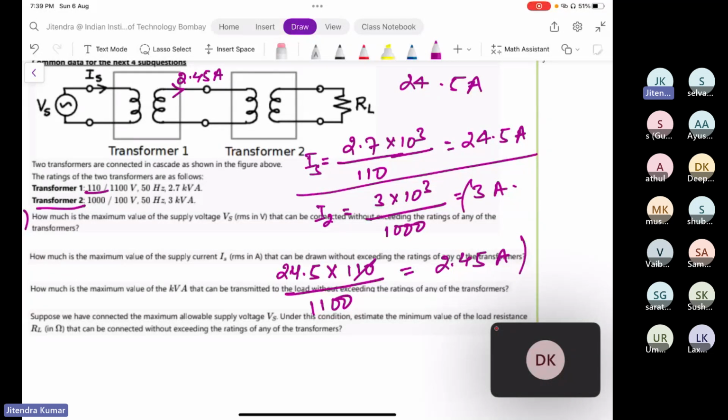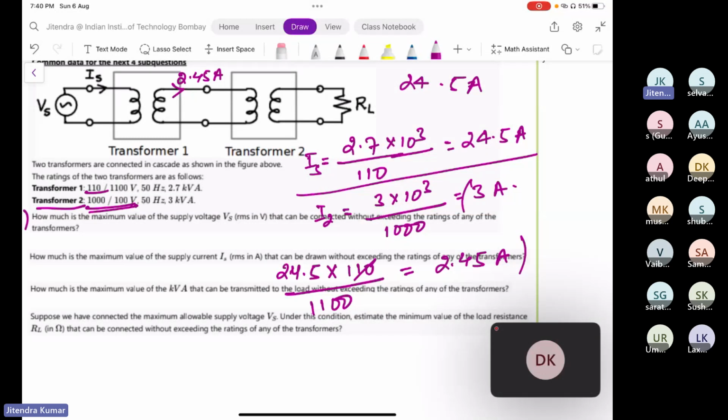Since we took the transformer ratio of 110 divided by 1100, you will be able to get it in terms of 3 ampere, but it should not exceed the limit.